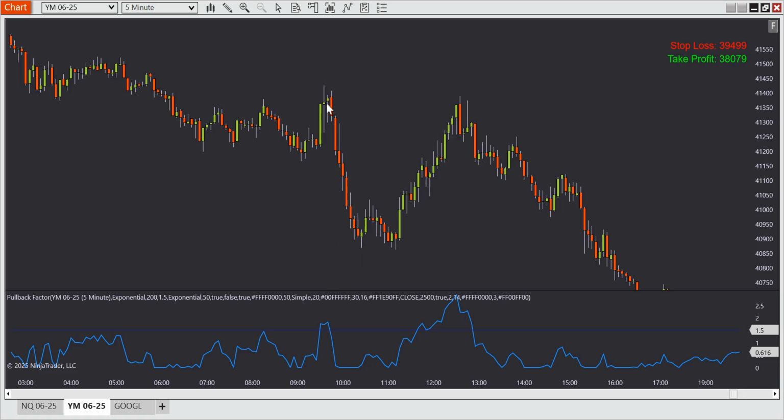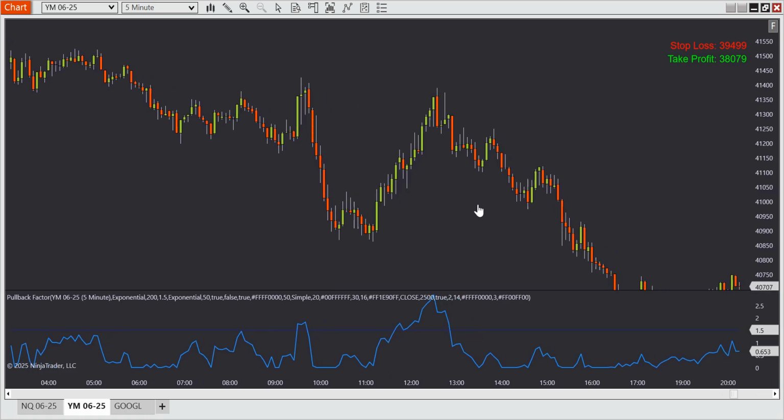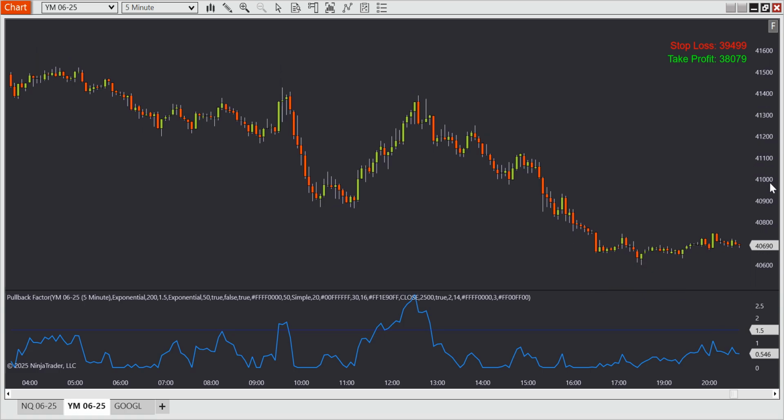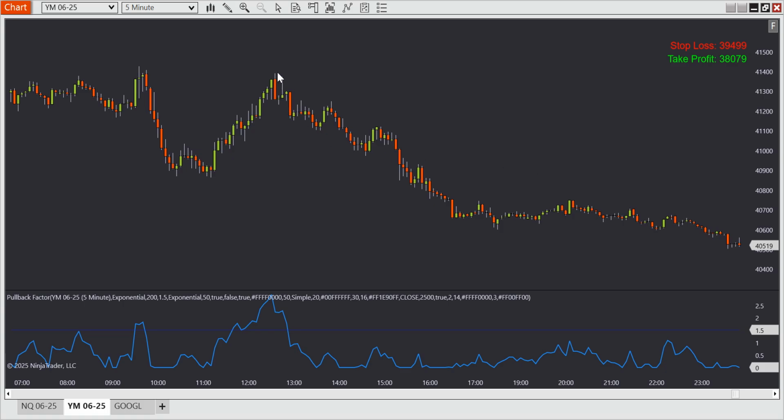Make note of this high, because next time the pullback factor goes above 1.5 and is retesting this high but not taking it, this is a very strong confirmation that this high will hold. So you could probably enter above this candle, or wait for confirmation of an order block or something else here. Of course, we see as it shoots back up above the 1.5, that high most definitely did hold.